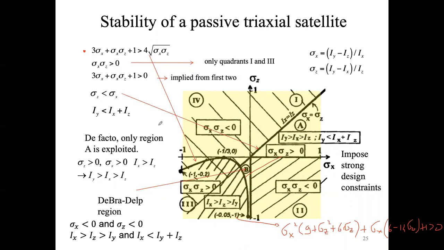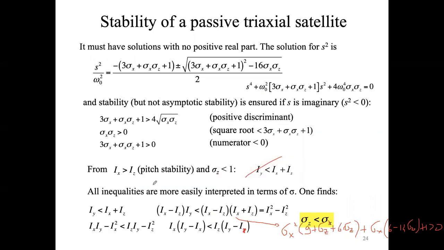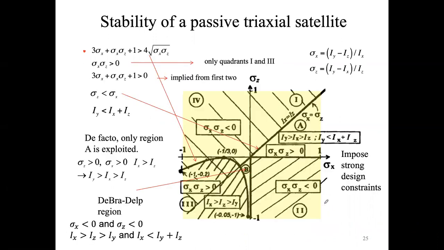The line that you have here is given by the final condition that we have found here. If you look at this one, you are able to exclude all the terms that are larger than this line here, so sigma x equal to sigma zeta. The second property excludes the fourth and the second quadrant.